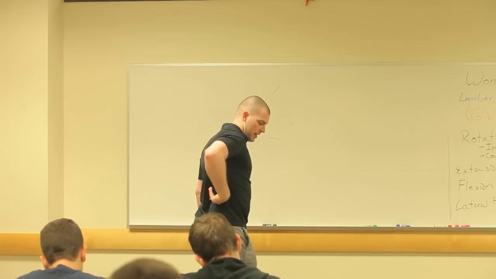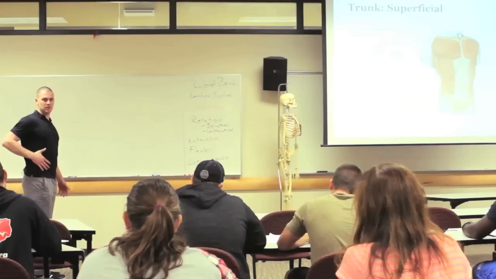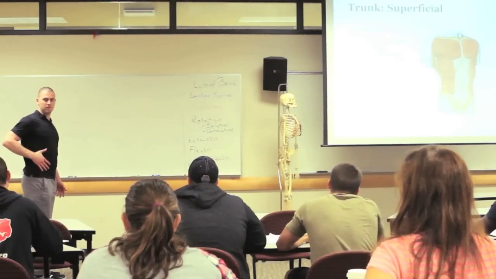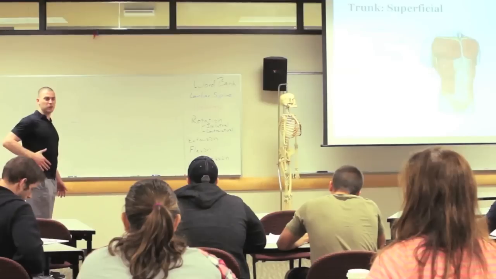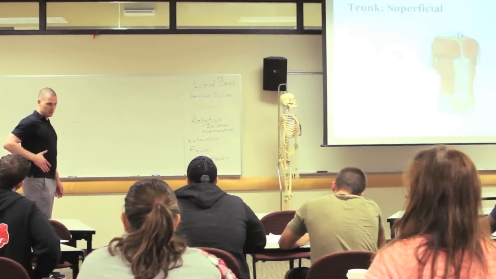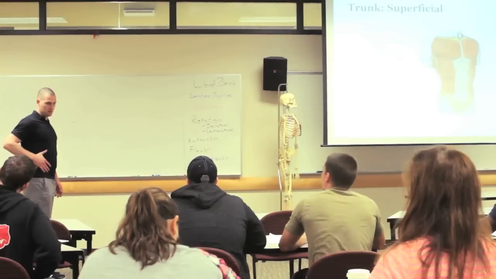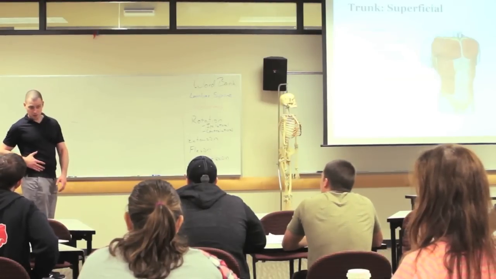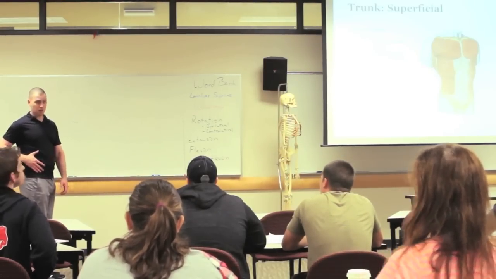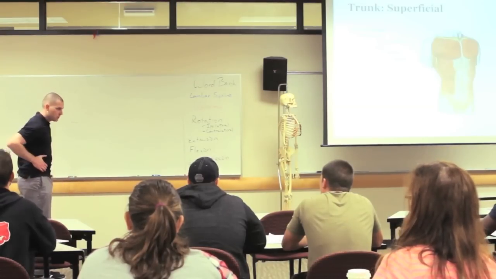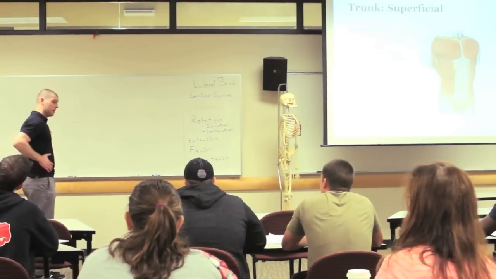So if the fiber direction is this way, right? This muscle goes like this. What joint actions is it going to cause? Which rotation is it? If this muscle shortens, what's going to happen to my spine? It's going to rotate this way. If this muscle shortens, it's going to twist me this way, right?